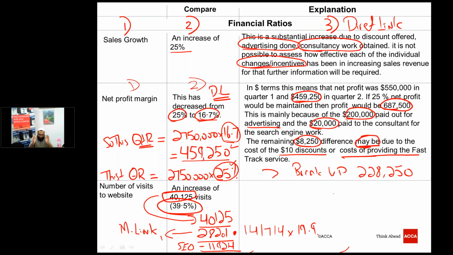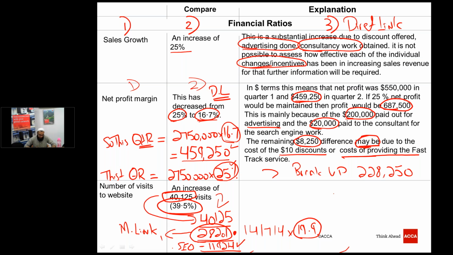And the message is quite clear that the total increase was by 4125. 19.9% came through the magazine link, which is 28,201. If I deduct this from 4125, I got 11,924 that came through SEO.